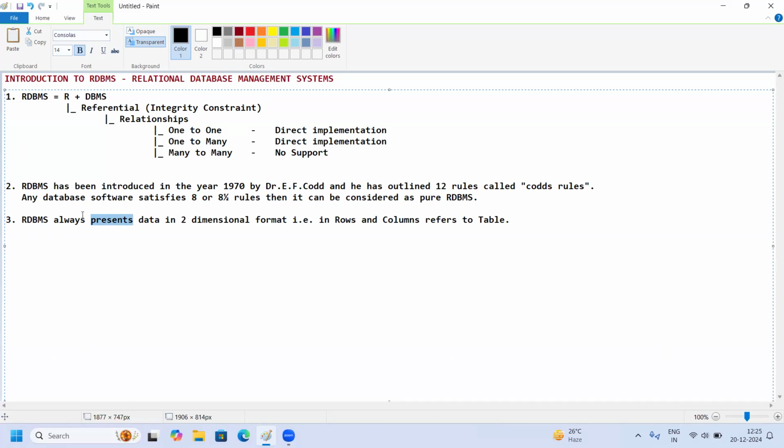Next point, I'll use a word again: represents. Two different words, two different meanings, two different approaches.